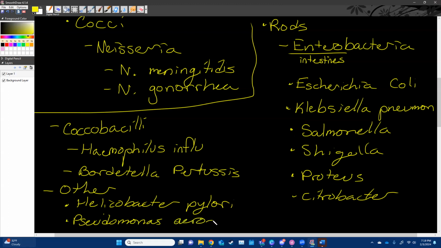Now, if you're staring at this list and you're like, there's no way I'm going to remember what is what, remember what I said. The biggest thing you can do is remember what is gram negative, what is gram positive. Cocci and rods, yes, they're important for the first exam, but it's more important for us to really understand what is gram positive and gram negative.